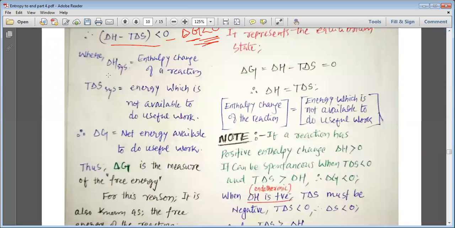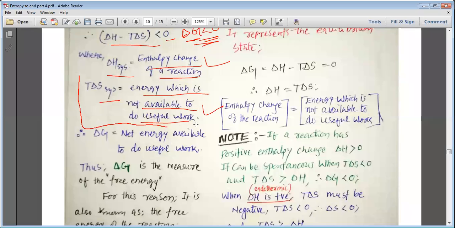So your delta H system is the enthalpy change of the reaction, and your T delta S system is the energy which is not available. So in this equation, delta S system is the entropy change for the system. T delta S collectively is known as the energy which is not available to do useful work. Please remember this term.